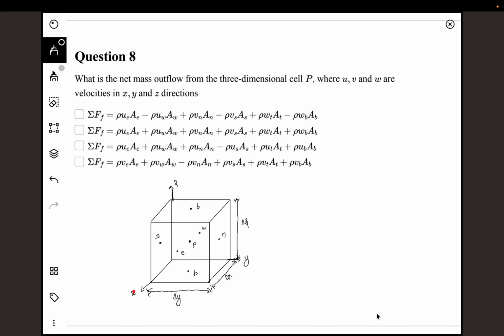East face is along the positive x, so east is positive, west is negative. Similarly, north is positive, south is negative. Similarly along the top and bottom, top is positive, bottom is negative.